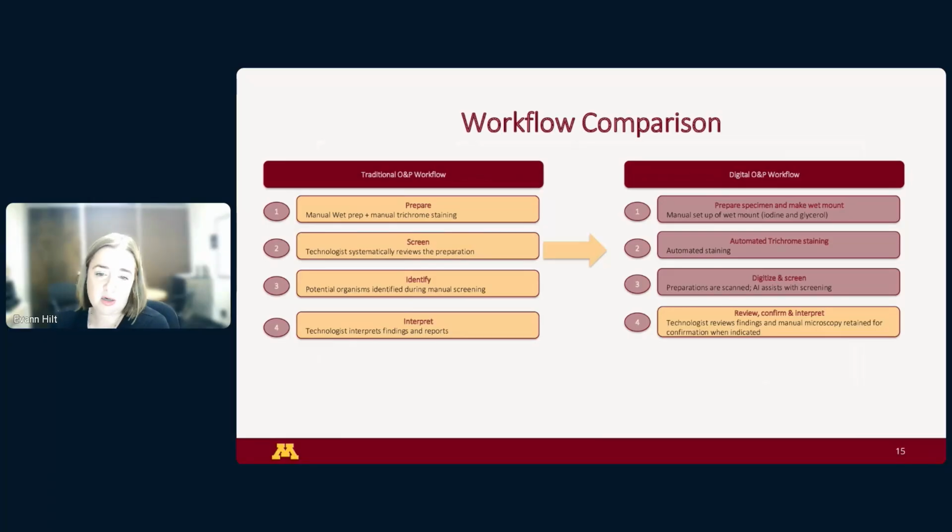We automated our trichrome staining, so that took it off of our manual workflow. We digitized and screened the initial look at all of these slides with the scanning and AI-assisted technology, and then we review, confirm, and interpret. That in and of itself stays the same.